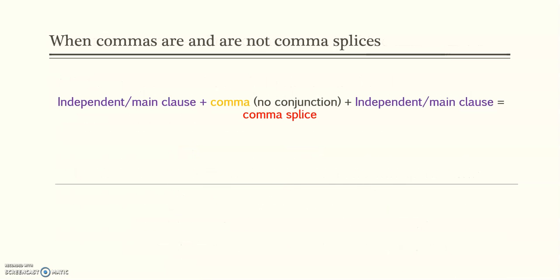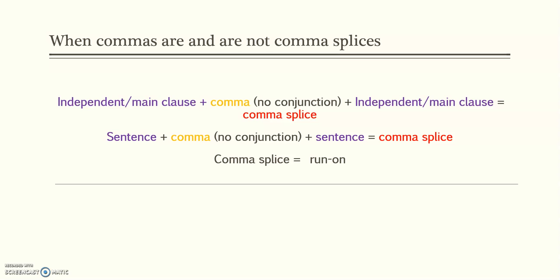So just to review the rules, when you have an independent or sometimes called main clause, plus a comma without a conjunction, and another independent or main clause, that makes a comma splice. An easier way to say this would be a sentence plus a comma plus a sentence equals a comma splice, which equals a run-on.